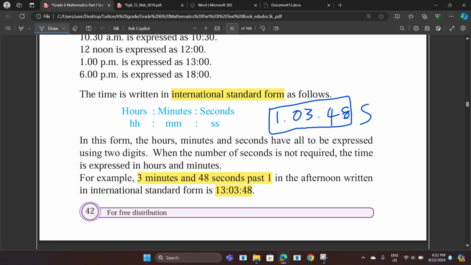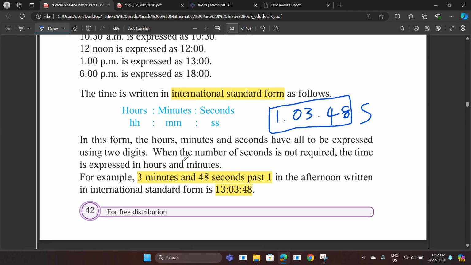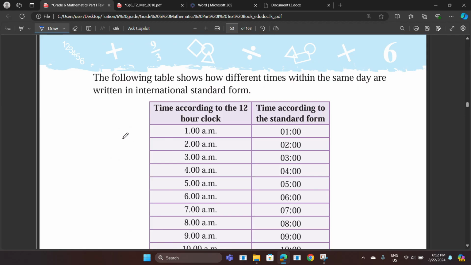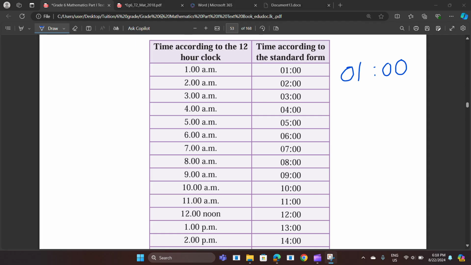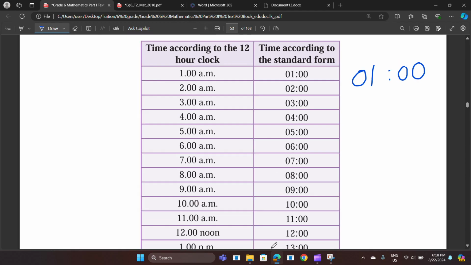Okay, so you know the 24-hour clock. In the 24-hour clock, we indicate 1 a.m. as 01:00. Okay, you know that already. And also 2 a.m. as 02, colon mark.